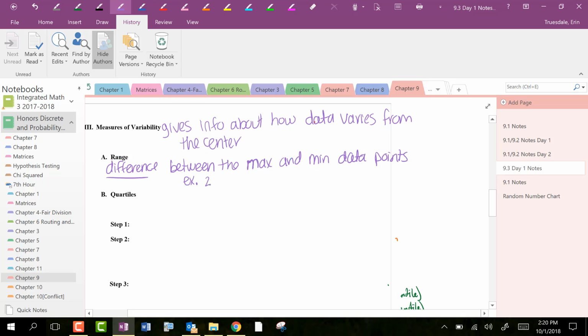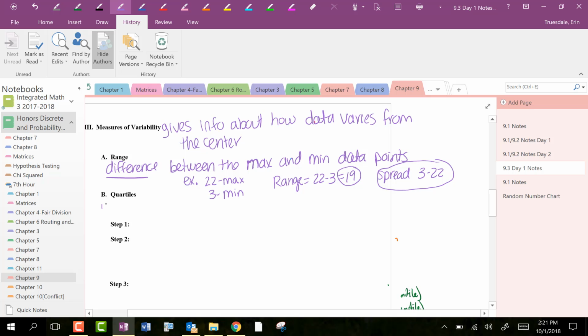Let's say 22 is the max and 3 is the min in your data points. The range is going to be 22 minus 3, or 19. The spread is when you write it: 3 to 22. So there's a little bit of difference there. For the range you subtract, and for the spread, you just write them out. I mentioned that early on in this class, but I think some people missed that on the test, so I wanted to go over it again.